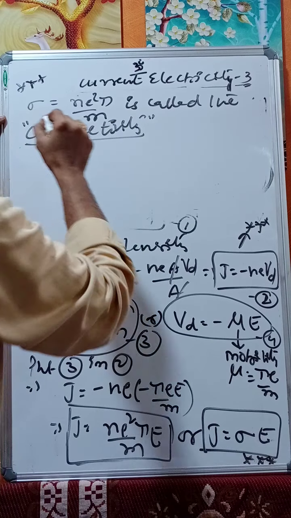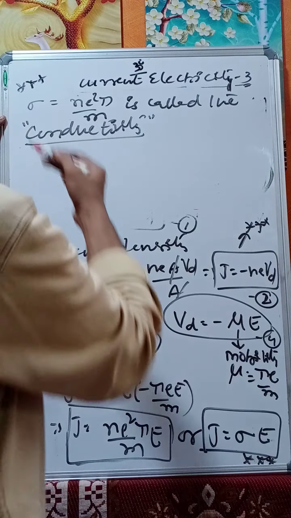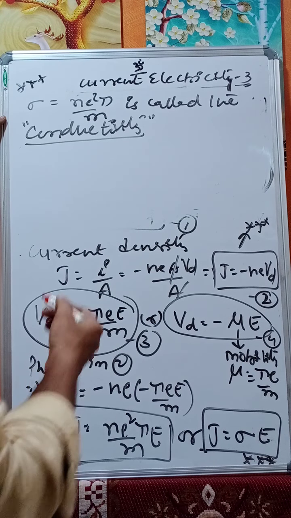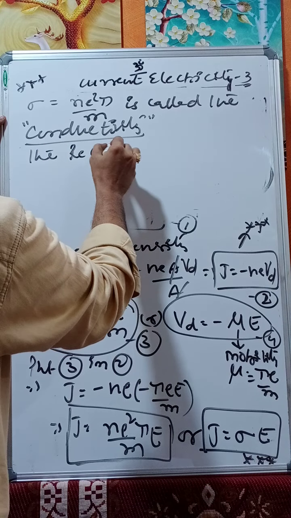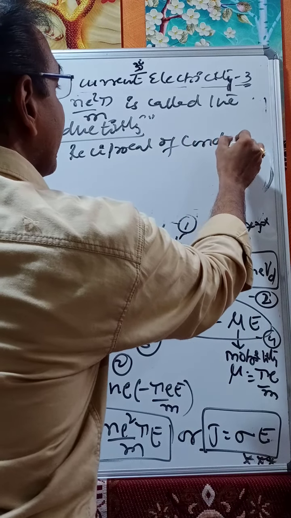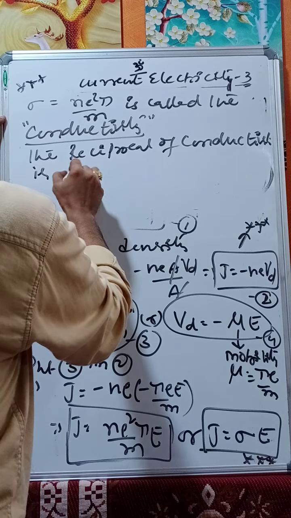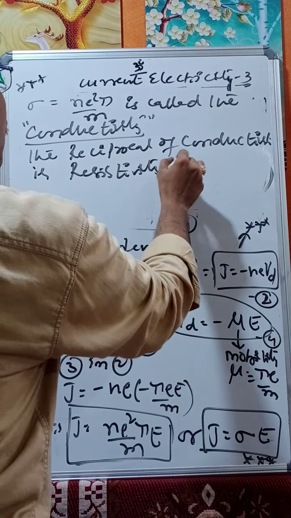What is conductivity? We discussed the units in lecture 4. Sigma is equal to Ne square tau by m, called conductivity, and the reciprocal of conductivity is called resistivity, rho.